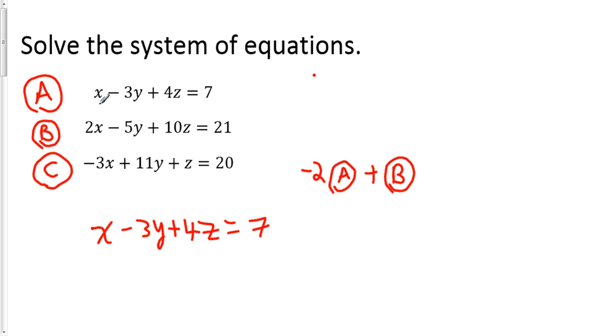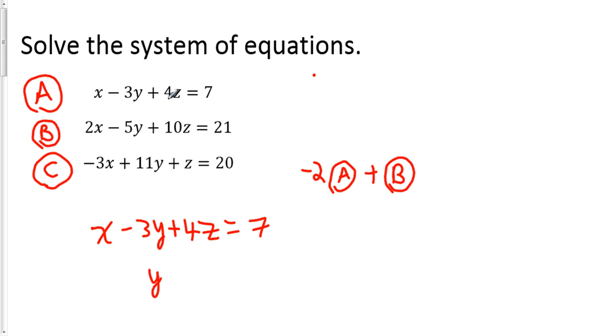So let's see, -2 times x is -2x. When I add that to +2x, they cancel out. -2 times -3y is +6y. When I add +6y to -5y, I just get a +1y. And then -2 times 4z is -8z.